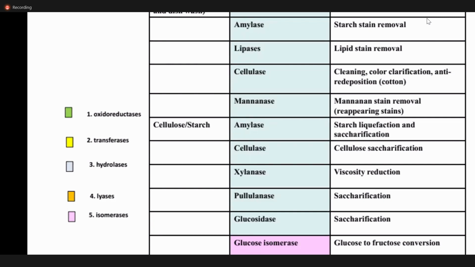They are used in lipid stain remover, and starch stain removal, and viscosity reactions, and saccharification of this particular pulp and paper or else in leather.